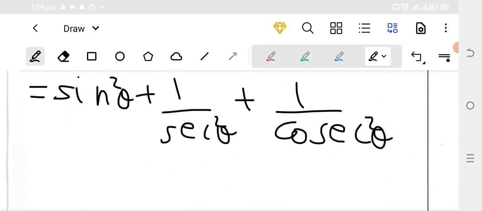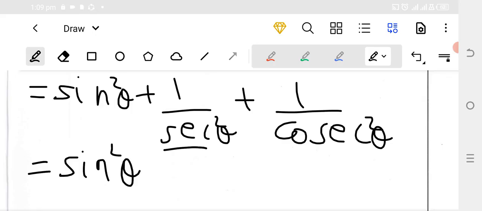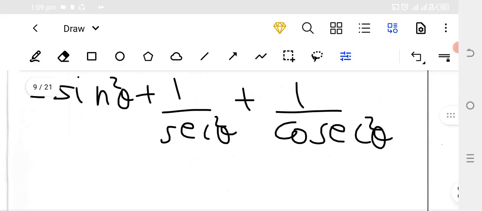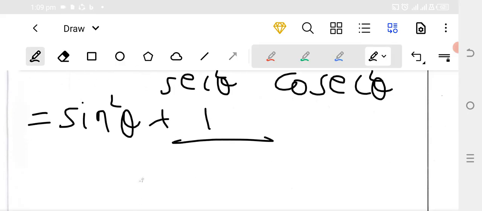So it's going to become equal to sine theta squared, let's write this in this form: plus 1 over sec theta squared represents 1 over cos theta.